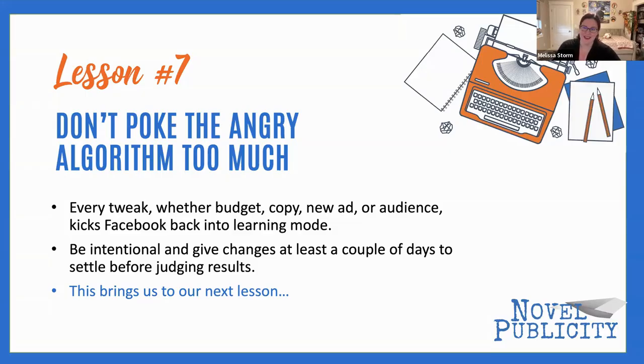So try not to touch it too much. And I'm going to talk about that in the next lesson, what you can do if you want to scale and you don't want to upset the algorithm. Because every time, even if you add $1 to the budget or one new creative or one new audience, it all goes back into learning. And that means it slows down because it's trying to collect data. It's kind of like dipping its toes in the pond.